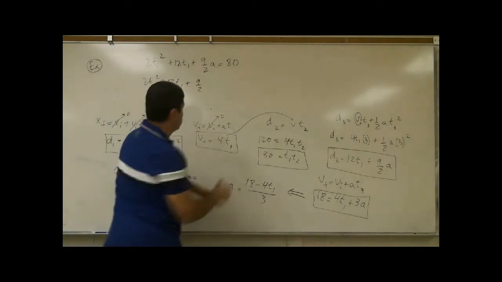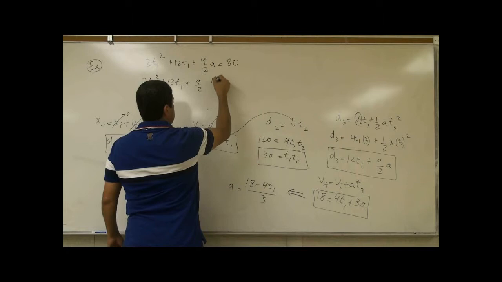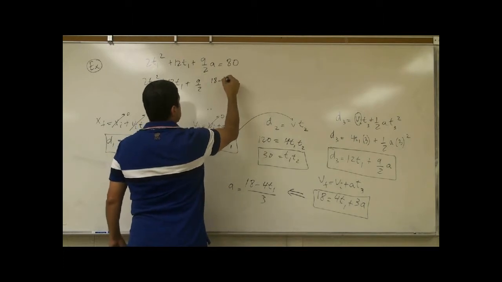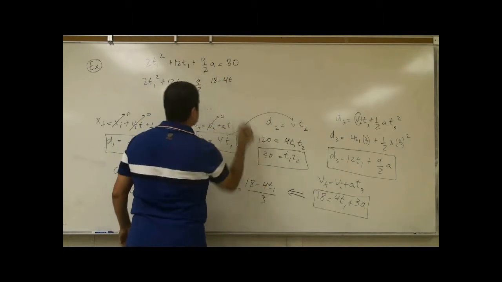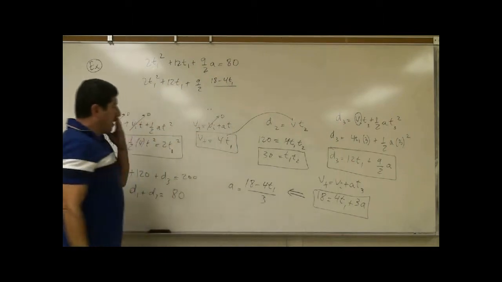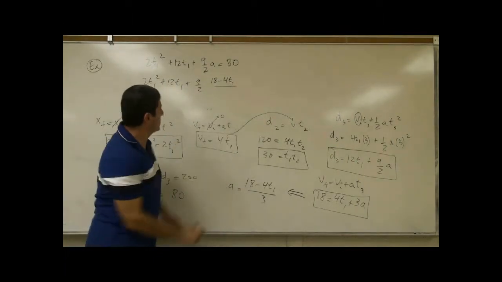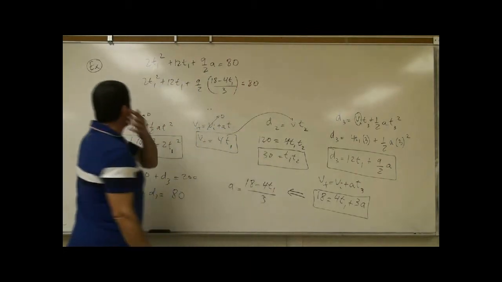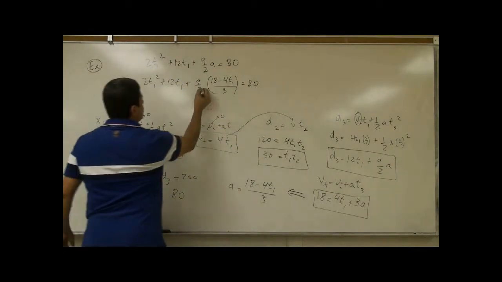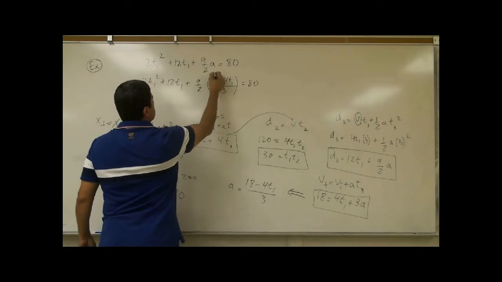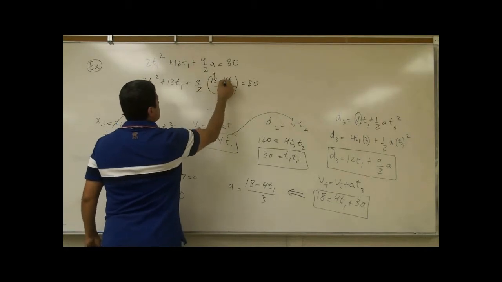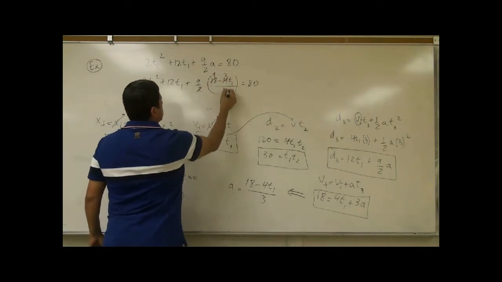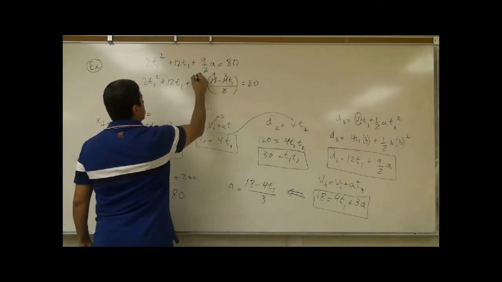A is equal to 18 minus 4T1 over 3. Okay, how does that simplify? Well, 2 goes into here, becomes what? 9. 2 goes into here, becomes what? 2. 3 goes into here, becomes 3.